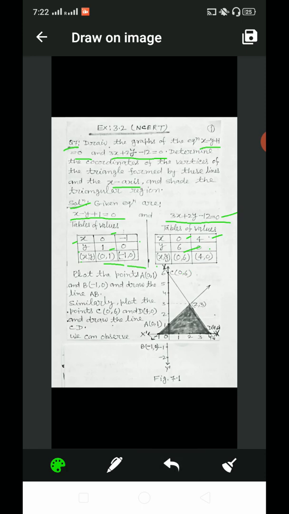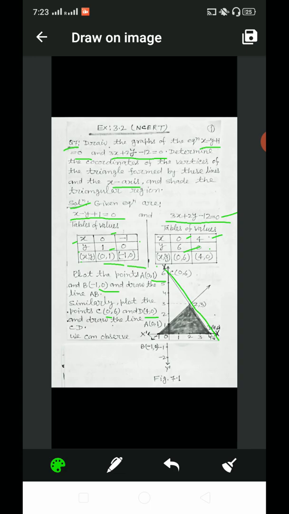Dear students, plot the points A (0, 1) and B (minus 1, 0) and draw the line AB from the figure 7.1, which is already given here. Similarly, plot the points C having coordinates (0, 6) and D having coordinates (4, 0) and draw the line CD.